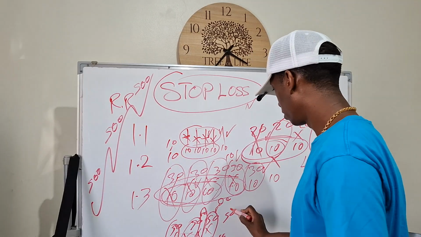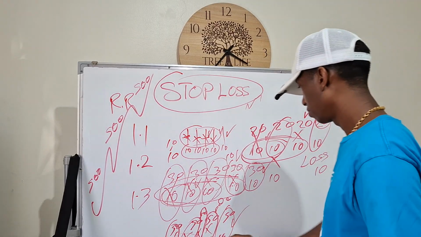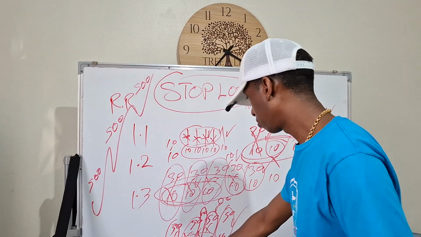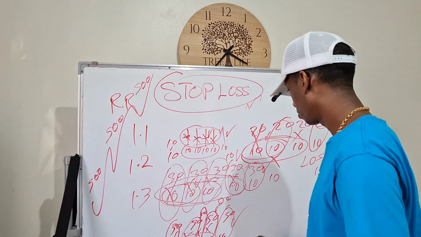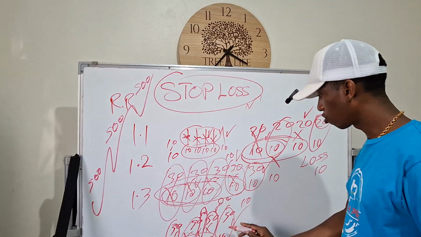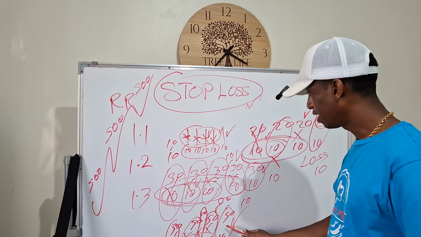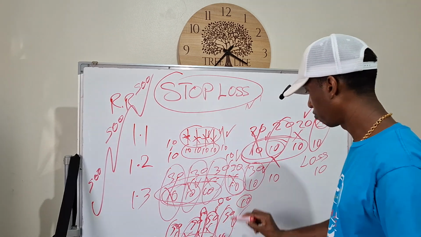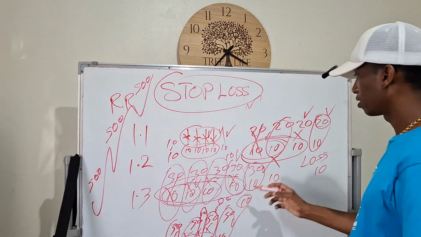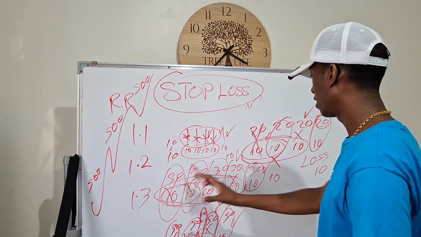If we lose this one and we win this one here, we're still in net profit. So we could lose majority here, win less, still profit.